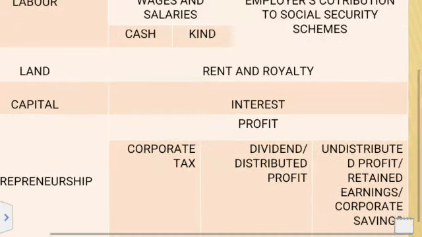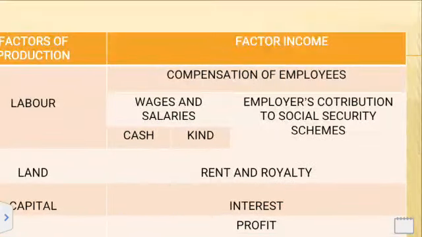So if we start from the labor component itself, while calculating the national income, if compensation of employees is given directly, then that is to be included. Sometimes in a question you will find compensation of employees given as, suppose, 5,000 crores, and wages and salaries 1,000 crores.